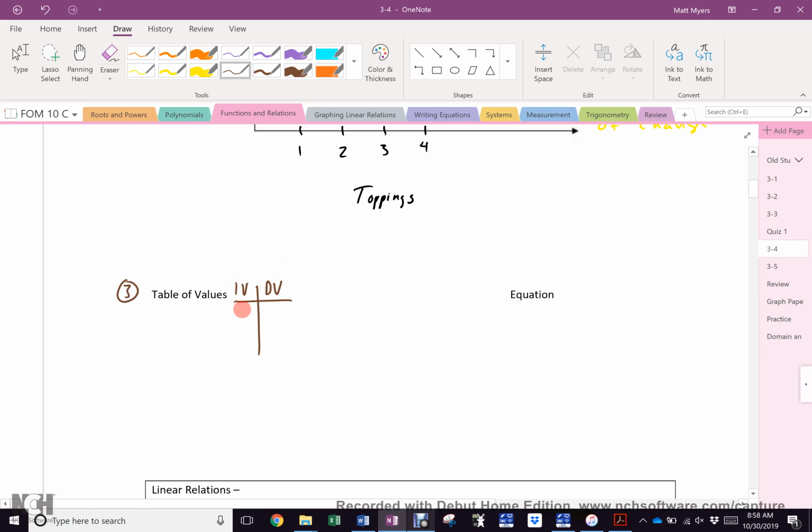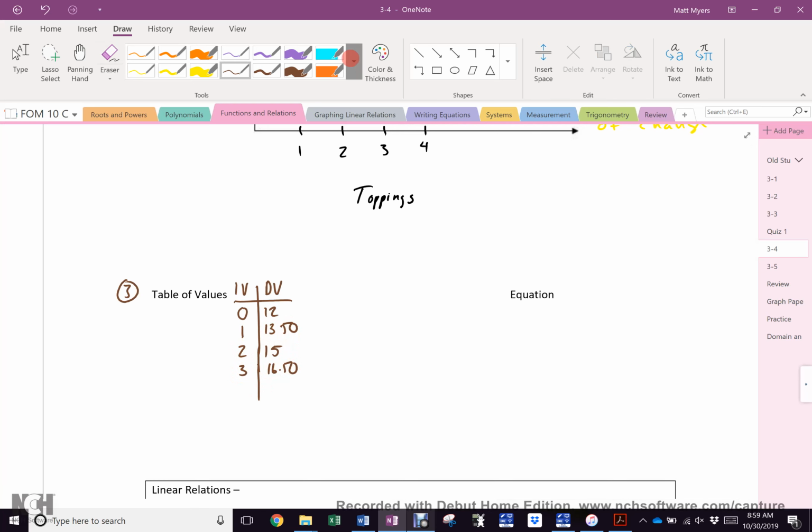So, if my IV is 0, what's my DV in this case? 12. If my IV is 1, what's my DV? 13.50. My IV is 2, my DV is 15, right? My IV is 3, my DV is 16.50. So that's the third way to do it.